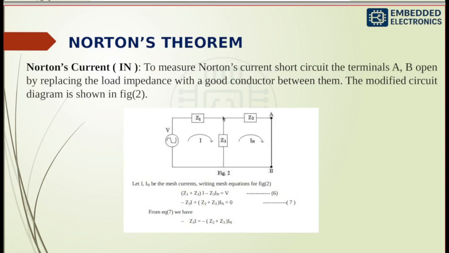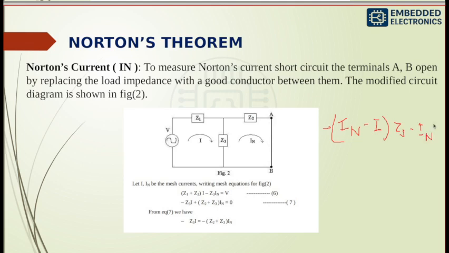So here IN minus I of Z3. One more thing you need to remember, current is moving in this direction, so it should be negative. Minus IN Z2, that is also equal to 0.